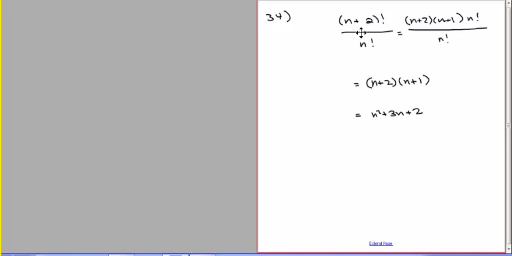So we can rewrite this as n plus 2 times n plus 1 times n factorial, and we divide by n factorial. Again, any number, or any variable, divided by itself is 1. So we end up with n plus 2 times n plus 1, and we could multiply that out, n squared plus 3n plus 2, if we wanted to. So that's problem number 34.